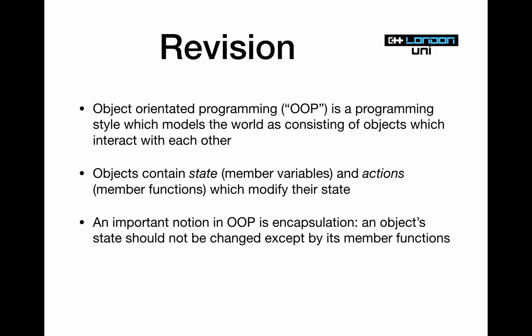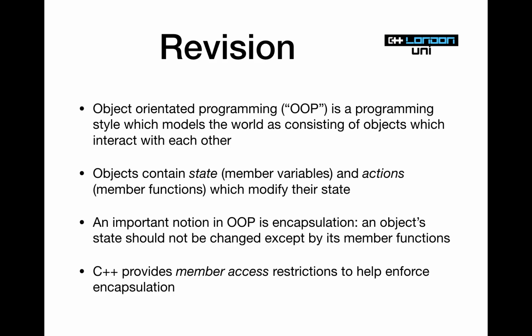And again, this is a very familiar notion to all. This is not C++ specific. This is a general sort of object-oriented programming principle. And to support this, C++ gives us these things called member access specifiers, member access restrictions, which can help us enforce encapsulation. So this is what we were talking about last week.